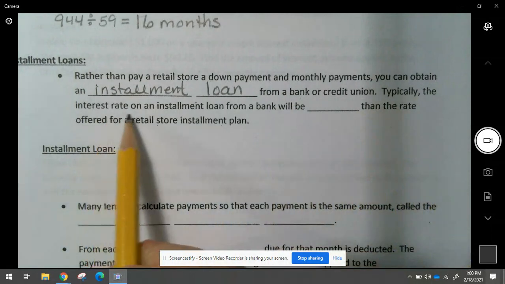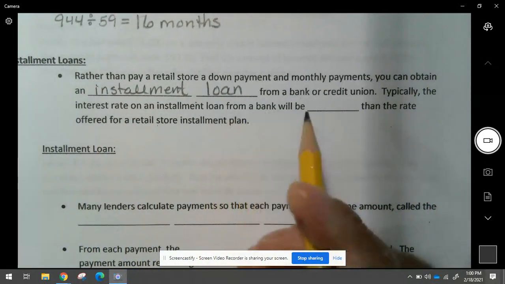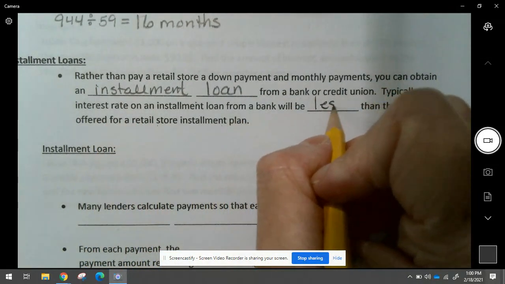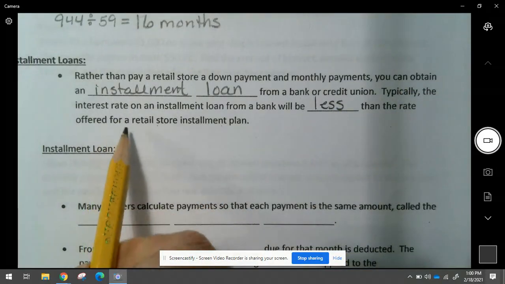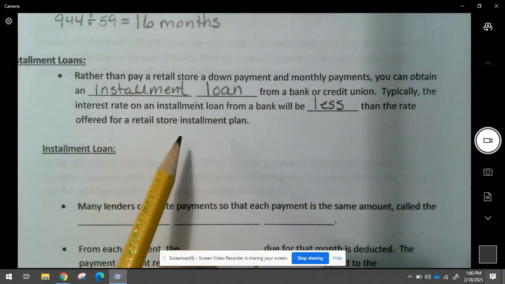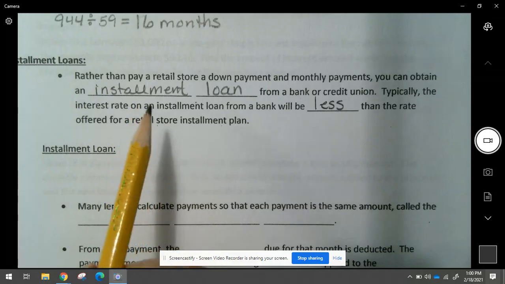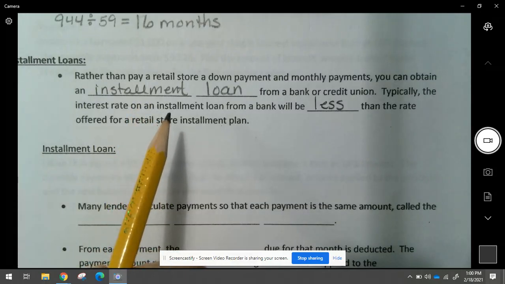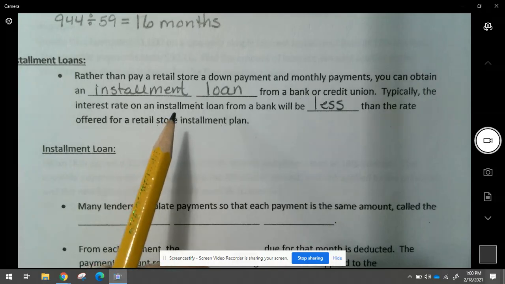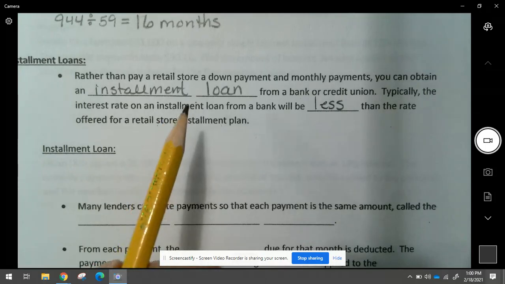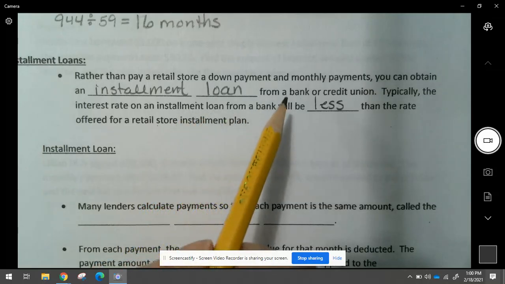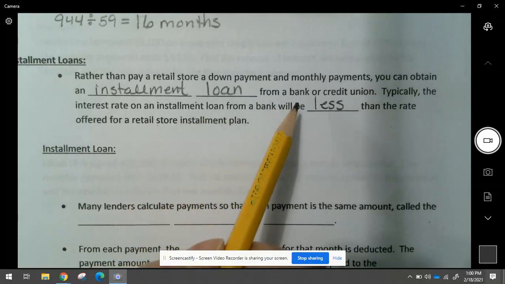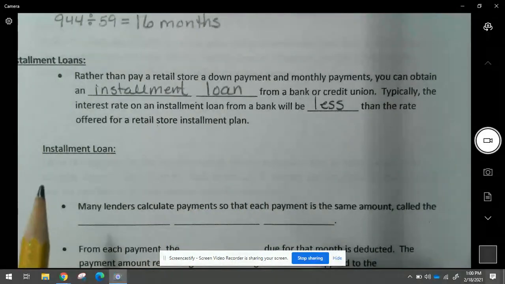Typically, the interest rate on an installment loan from a bank will be less than the rate offered for a retail store installment plan. You see this a lot with car loans. Okay, a lot of car dealerships will offer customers loans through their facilities. However, typically, if you go to your bank or a credit union, you can get a better interest rate.